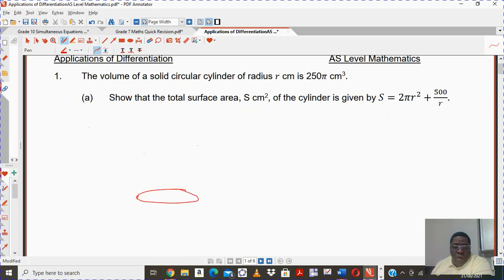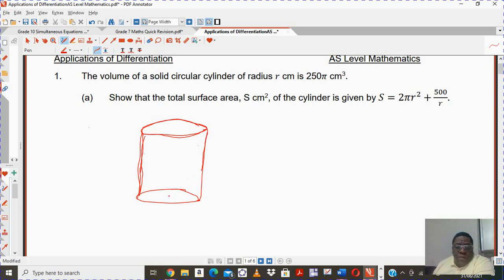All right, so let me see if I can maybe draw my cylinder. So this is a rough sketch, okay? All right, so this is my cylinder here. And the volume of the cylinder, and we know that it's a solid, which means that it's a closed thing, okay?